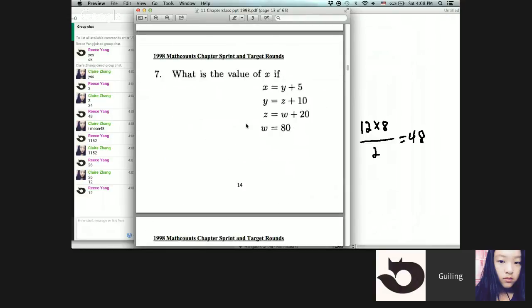Okay, what is the value of x if x equals y plus 5, y equals z plus 10, z equals w plus 20, and w equals 8?